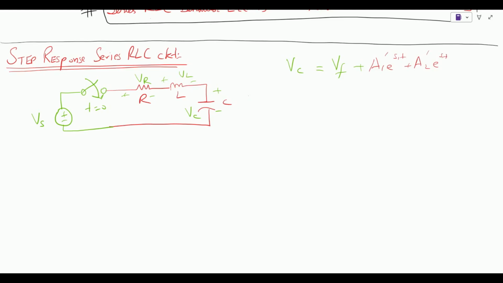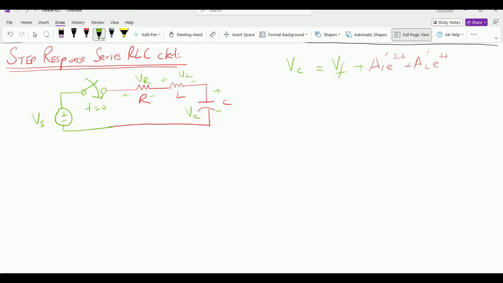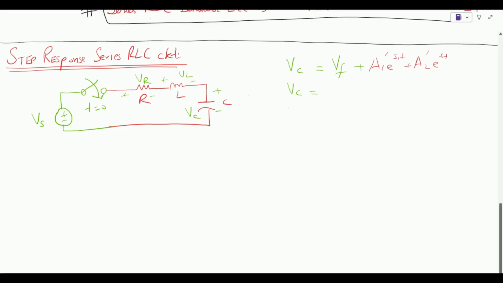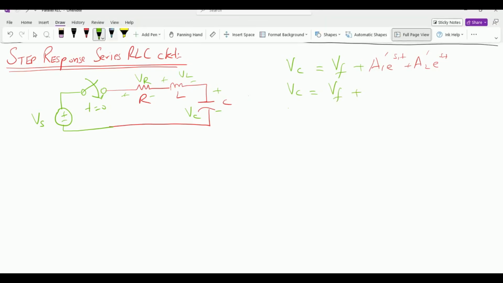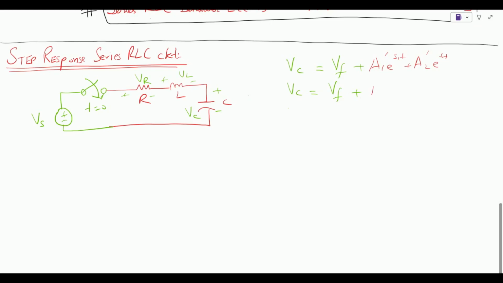Similarly, the second equation for the underdamped response will be again the final voltage, plus the previous equation, which is going to be B1 e raised to power minus alpha t cos of omega d t plus B2 e raised to power minus alpha t sine of omega d t. Again, we add the bar sign to differentiate the coefficients.